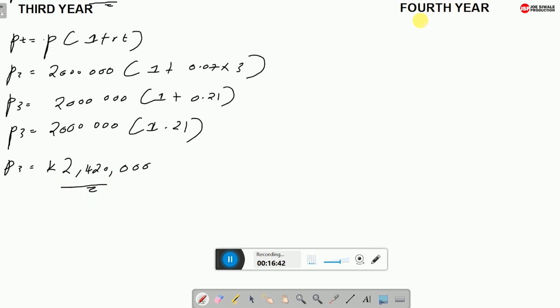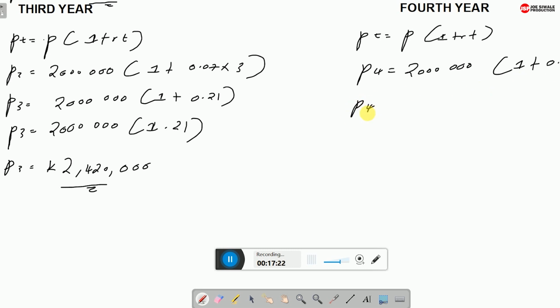Let us calculate the total value of the investment in the 4th year. We're going to do the same thing. The first thing is to write down the formula. So our P4 is equal to our principal, that's 2 million, 1 plus the rate 0.07 multiplied by 4. So our P4 is 2 million, open bracket, 1 plus 0.07 multiplied by 4.